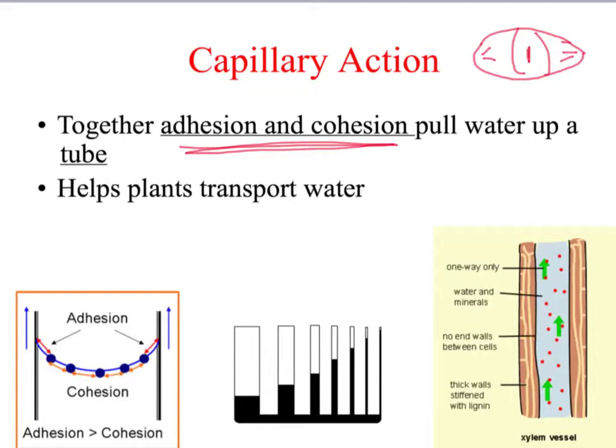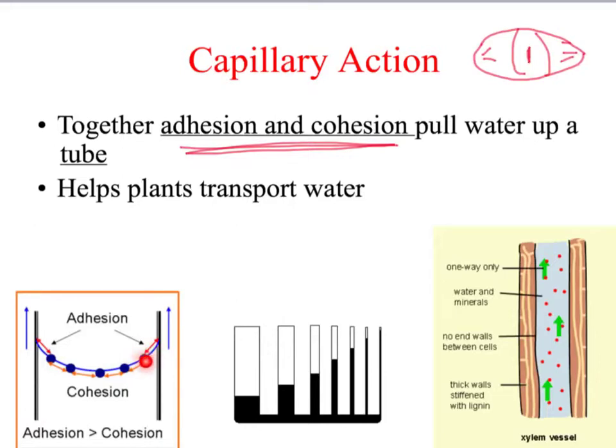Well, when you have a small tube, remember, water is attracted to other things. And so consequently, water is attracted to the sides of the tube. That's adhesion. But when this water molecule is attracted to the sides of the tube and moves up the tube, this water molecule is also attracted to this water molecule.